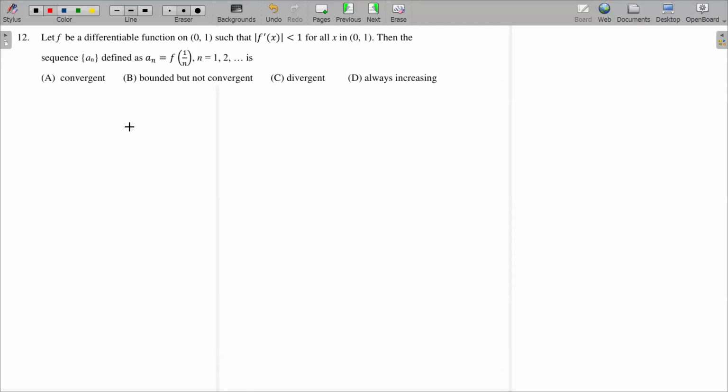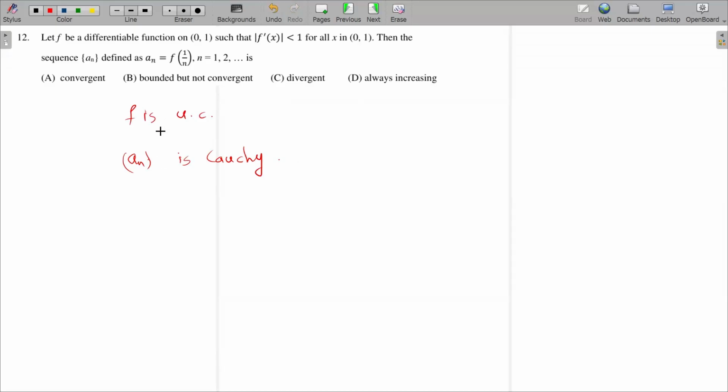So I'll join two statements made by two different students. Supratim said that f is uniformly continuous, and Reep said that we try to show that a_n is a Cauchy sequence.